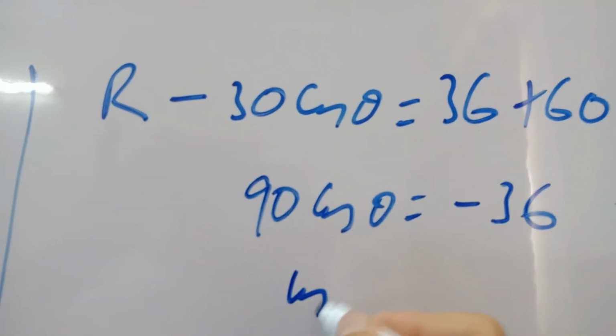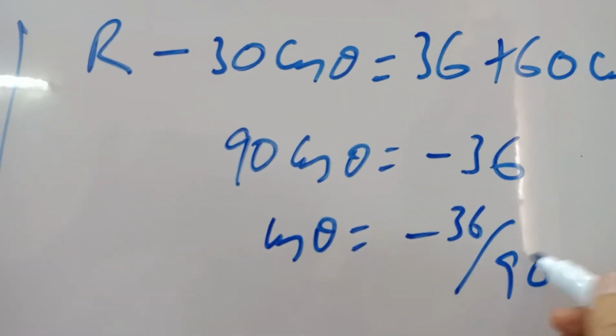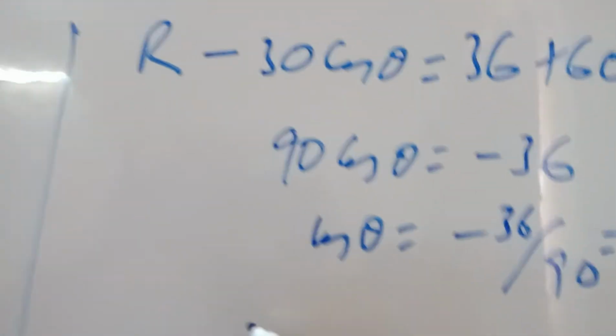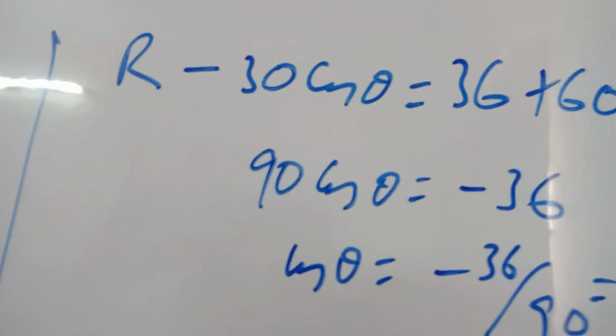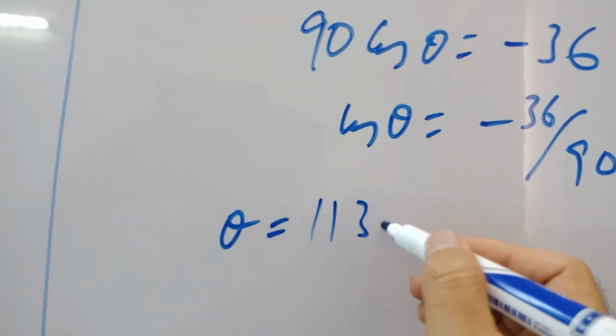So cos theta over here is minus 36 over 90, which is going to be minus 2 over 5. And if I find this theta, it is 113.6.